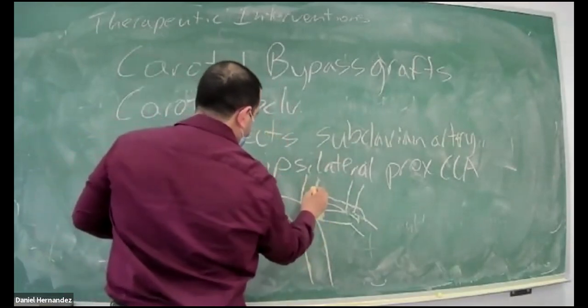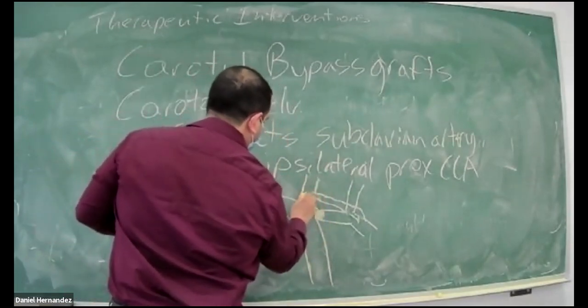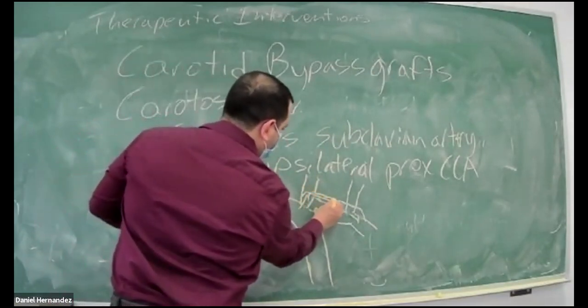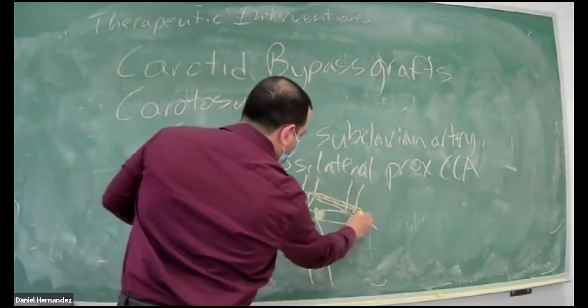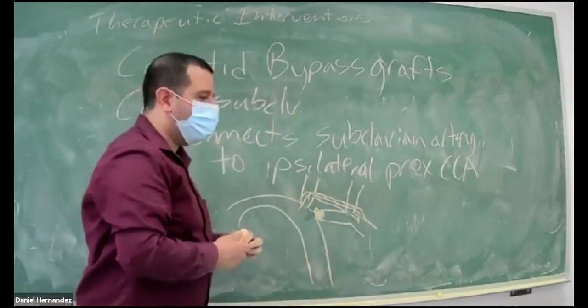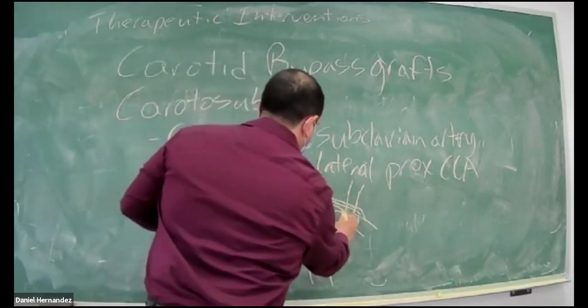We can now get blood flow into the common carotid. So now we can stent, come across the stent, and we're actually going to then return blood flow into the subclavian.